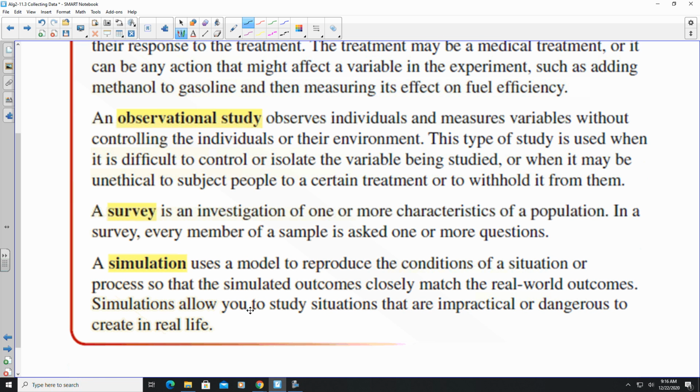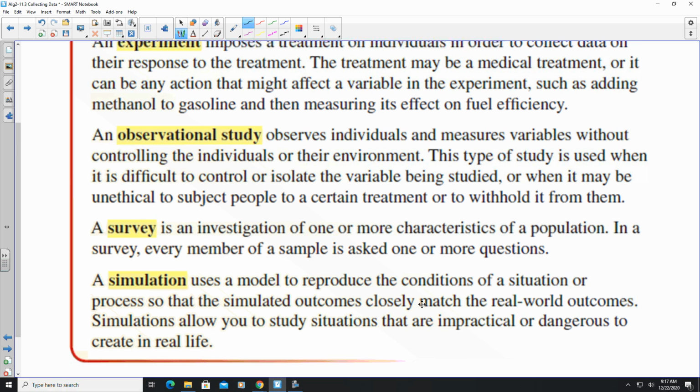And then finally, the last form of collecting data is a simulation, where you use a model to reproduce the conditions of a situation or process so that the simulated outcome closely matches real world outcomes. Simulations allow you to study situations that are impractical or dangerous to create in real life.